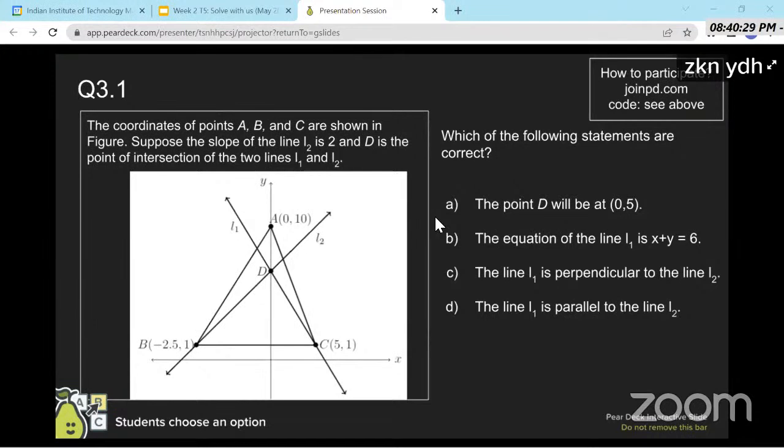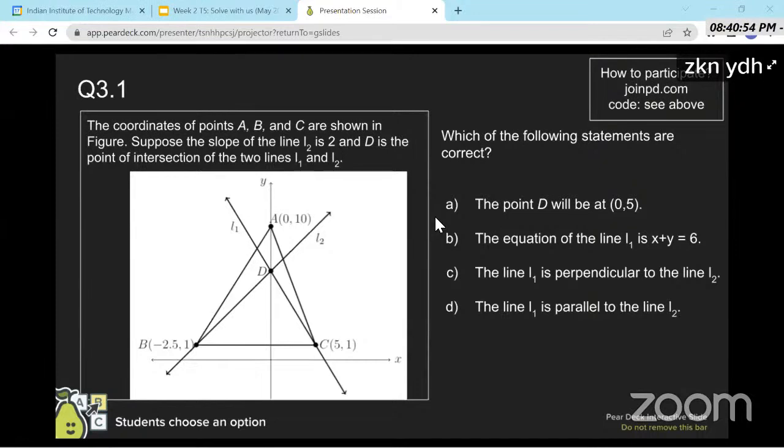Slope of L2 is given and a point is given. Then what can you do with that? Can you get the equation of line L2? Yes, sir. If you can, then what? Does L2 pass through D? Yeah. Right? Now this is more than I should be giving you, a step for solving this.